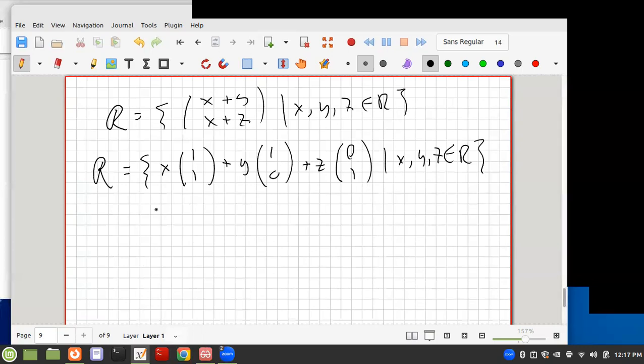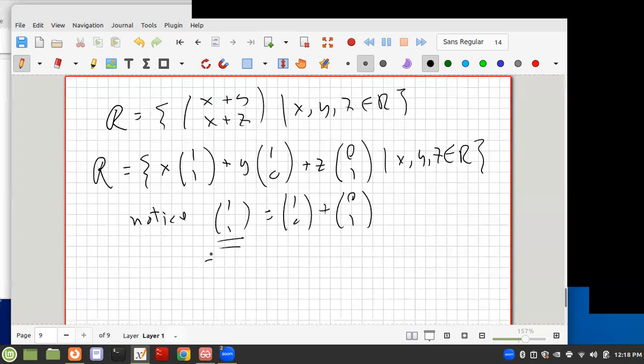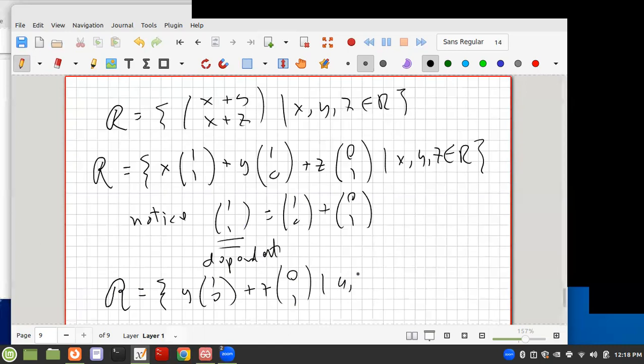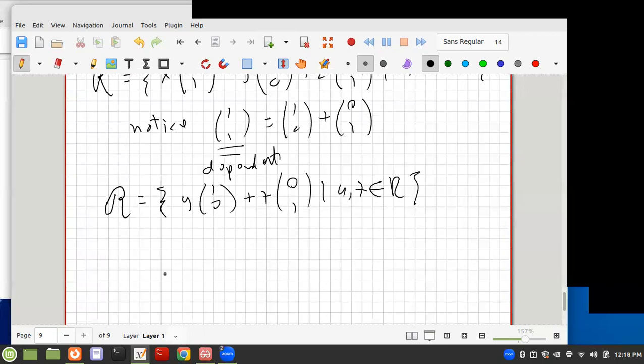But you notice it's trivial that (1, 1) equals (1, 0) plus (0, 1). So this is dependent. With a dependent vector, you can remove it without changing the span. So R equals y times (1, 0) plus z times (0, 1), such that y and z are members of R. Now, those are clearly linearly independent.